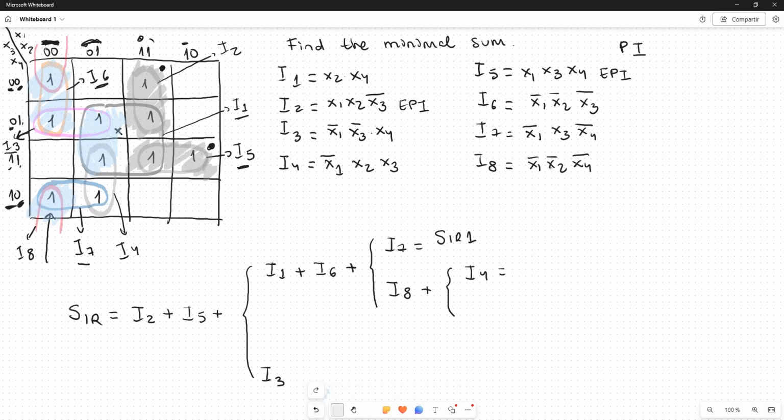Sorry, the tablet is not really comfortable. And the other option can be to use implicant 7, and we have finished. But what happened with implicant 7?